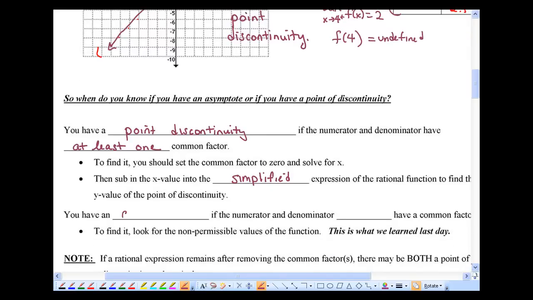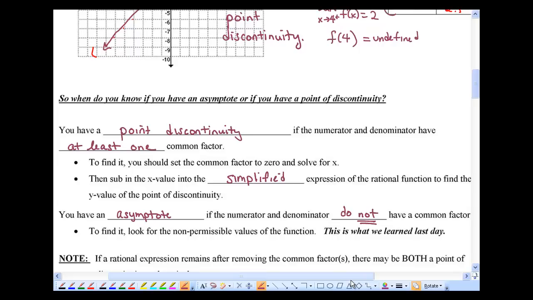How do you see if you have an asymptote? Well, that's where the numerator and denominator do not have a common factor. And to find it, you look for the non-permissible values of the function, set it equal to 0, and that's what we did last day.